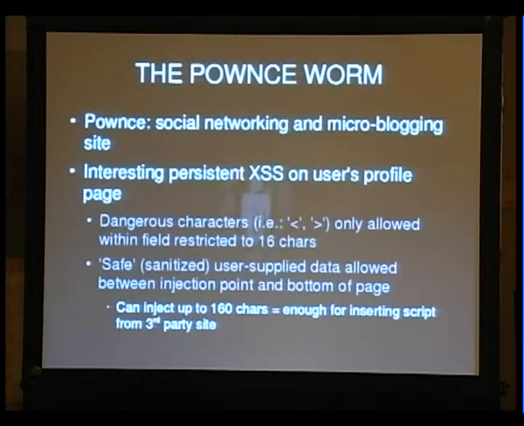This is an example of a potential Web 2.0 worm. Actually, I think today or yesterday there's been a report of a new worm on Facebook, which relies on the Google RSS reader. I don't know if you heard of it, but there's supposed to be something going on. So, the whole point is Web 2.0 worms, especially targeting social networking sites, are going to become more and more popular.